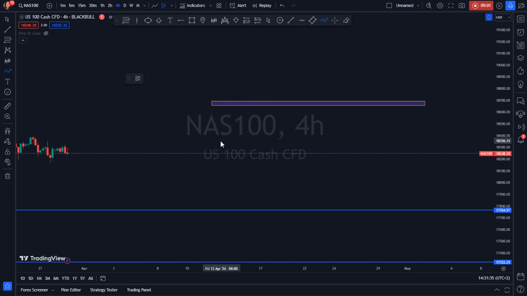So let's say this was a zone before the market hit here, and then it went down, and then it came back right to this point. Now the market is going to retest your previous high, at a certain zone where you are going to take your buying opportunities.